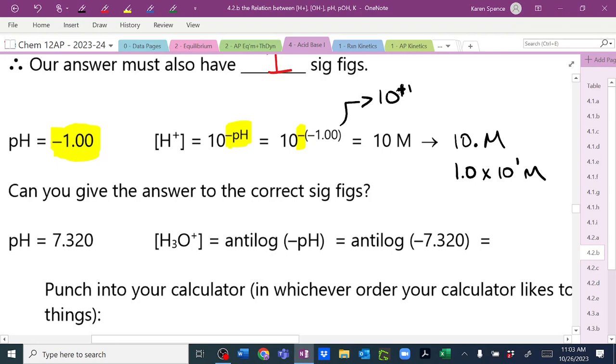I would like you to punch this into your calculator, this next one. I've written the formula the other way. So punch that in, just so you're familiar with the term anti-log.